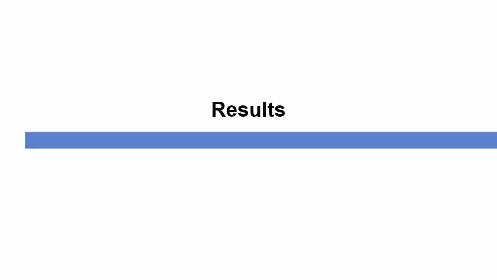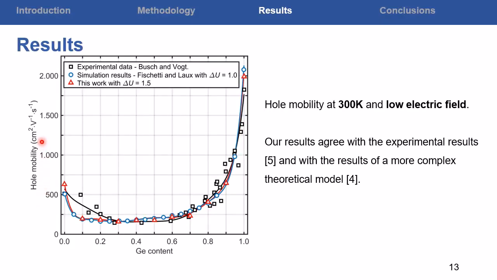In the next slides, I will show the results of our simulations. We have calculated the hole mobility at 300 Kelvin and at low electrical field for the entire range of germanium content, and we have compared our results with experimental data and with other simulation results that employed a more complex approach.